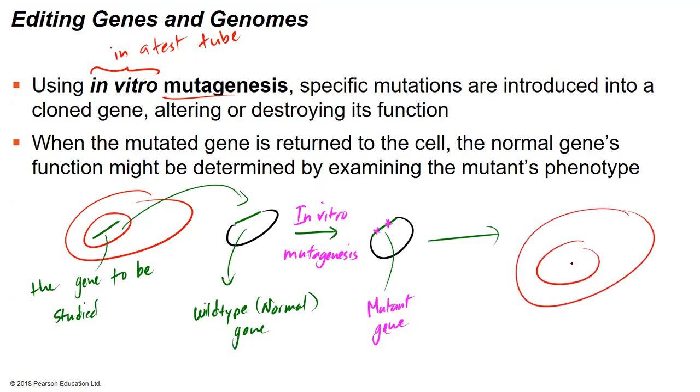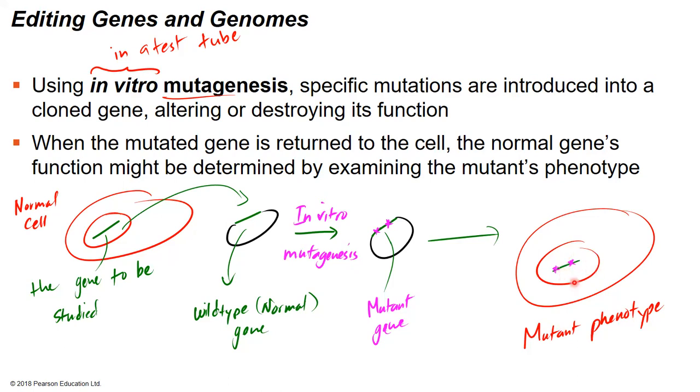And now these cells will have the mutant version of this gene. Okay. And here we have normal cells. And now these cells with the mutant gene have a mutant phenotype. All we have to do is to determine the function of this gene from the mutant phenotype.